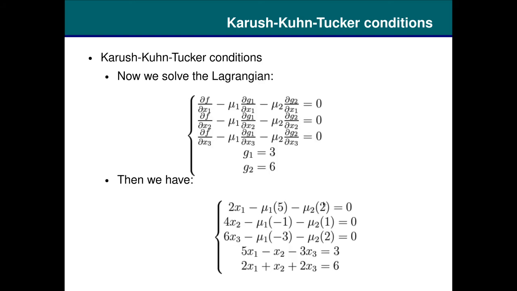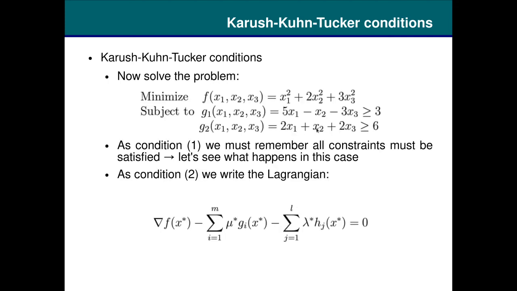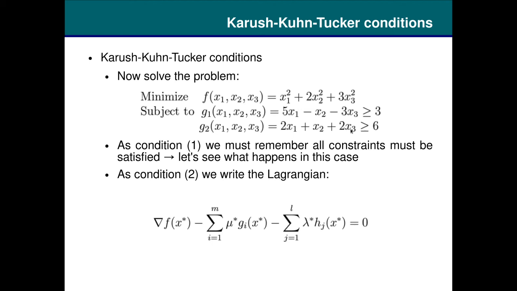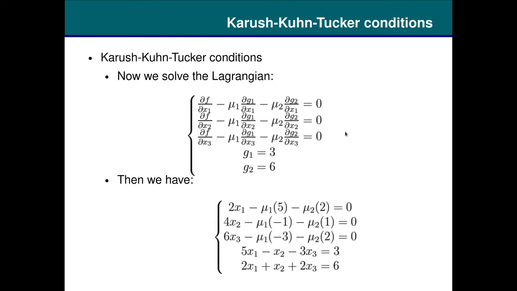Second constraint in terms of x2, that will be 1, as shown here. And second constraint in terms of x3, that will be 2. Okay, 2. Perfect. All of those equal 0, remember.